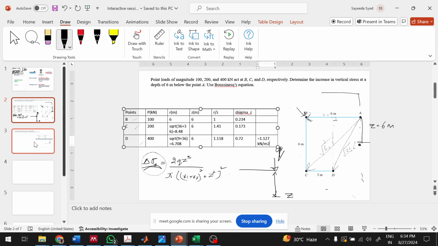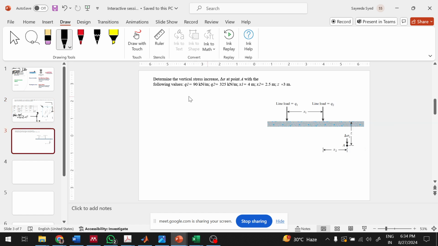And if we have a line load, like here, let's talk about the line load. We need to determine the vertical stress increase delta sigma at point A with the following values. We have Q1 equal to 90 kilonewton per meter.